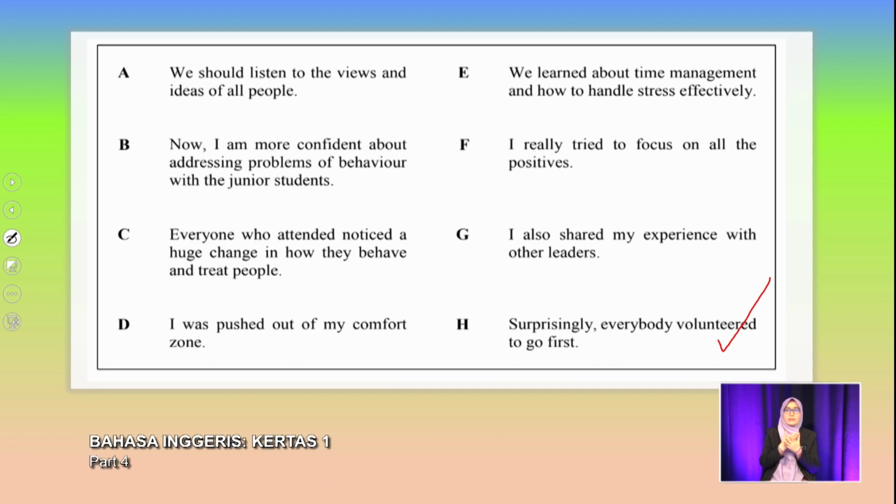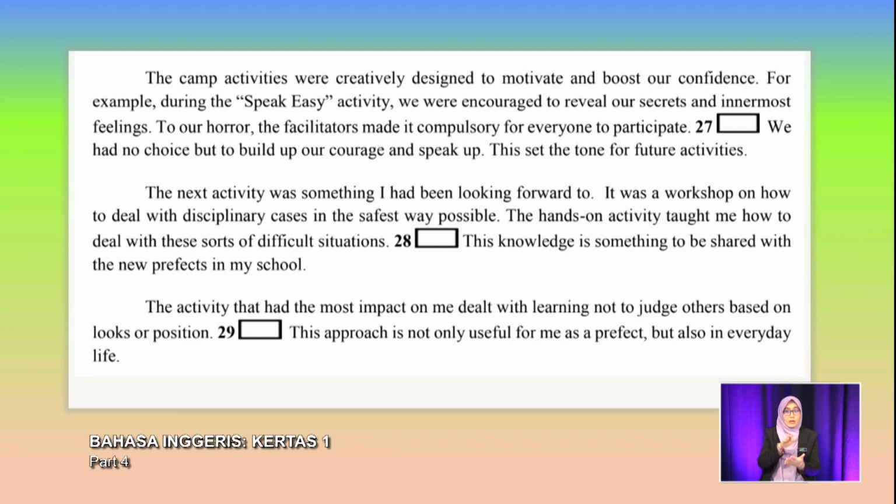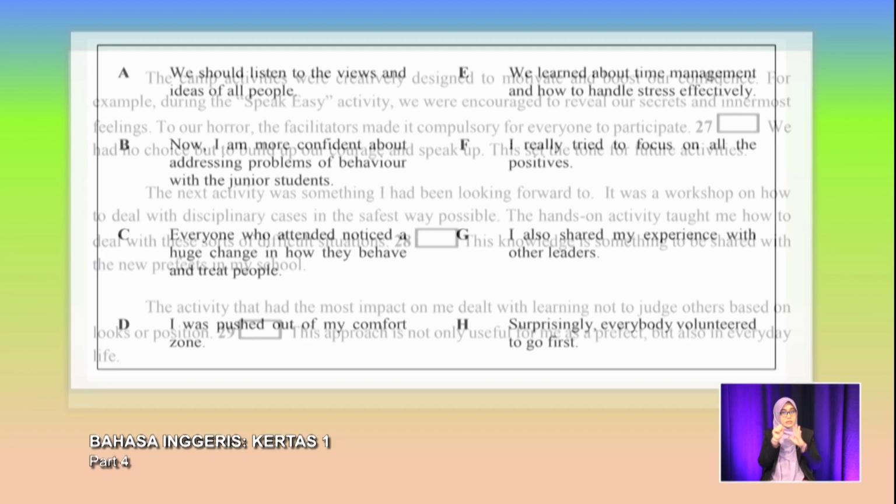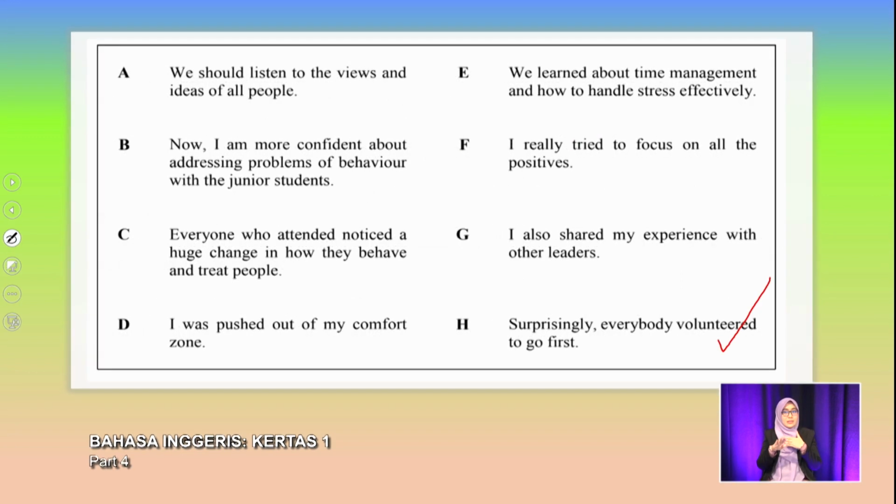Okay, then we continue with the next sentence. We had no choice but to build up our courage and speak up. Why? This is the most possible answer or options because everyone volunteer. So this one is number 27. Yes, number 27.